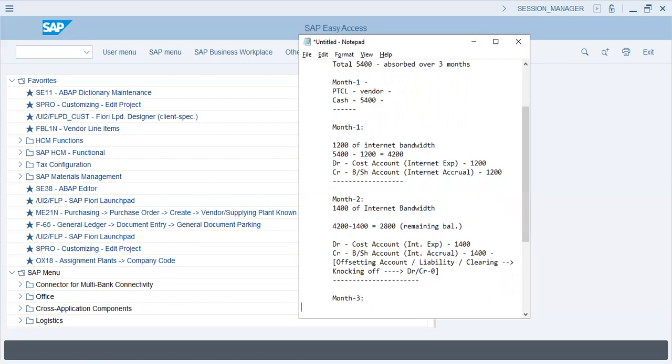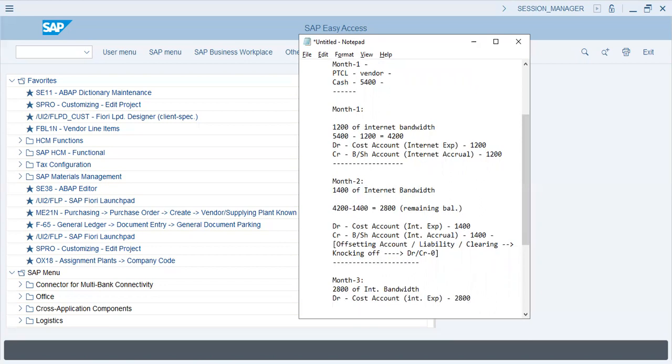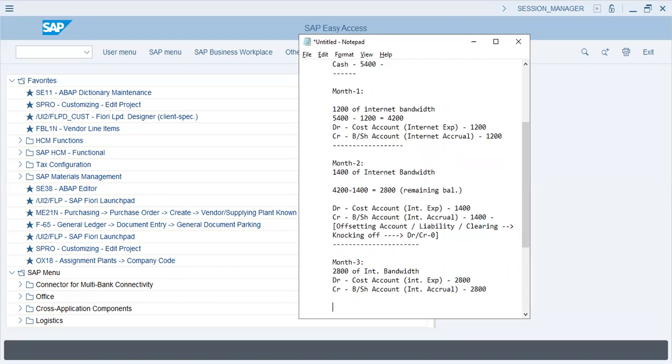Month 3, let's say you have consumed 2800 of internet bandwidth. Okay. Now, 2800 cost account, which is internet expense, 2800 credit balance sheet account, internet accrual, 2800.